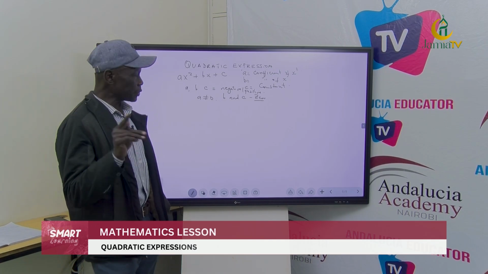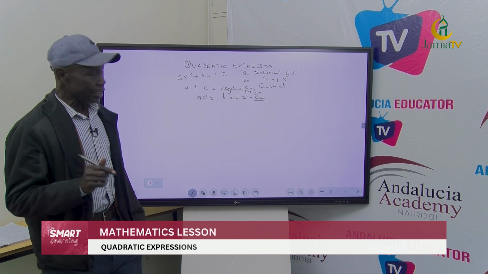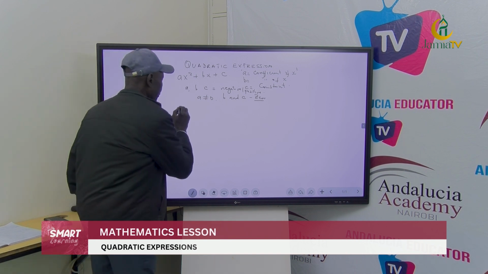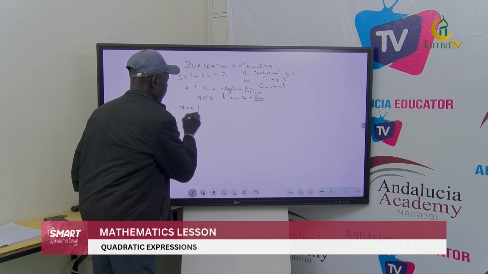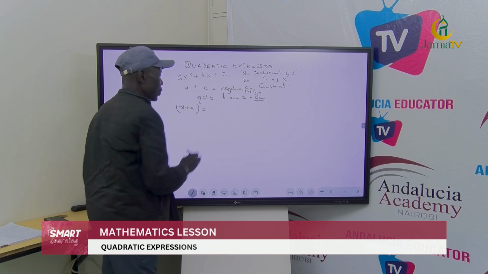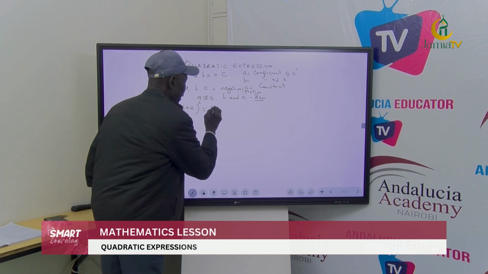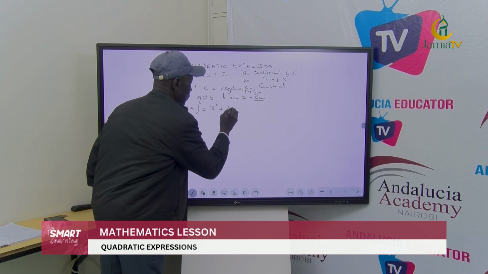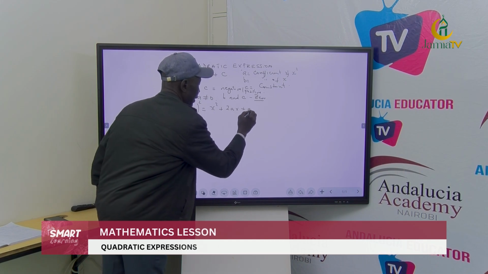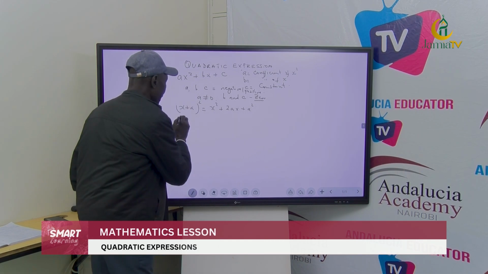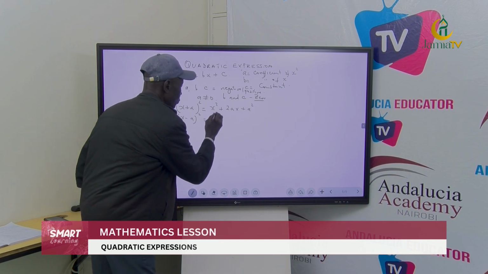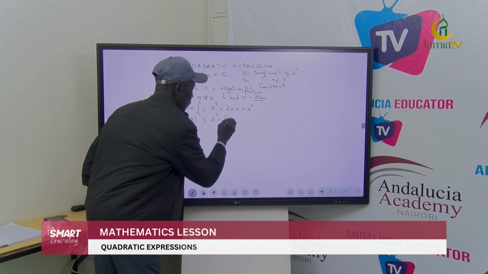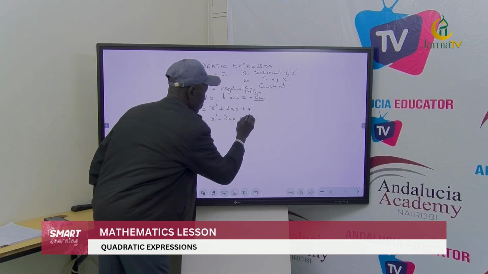And then we also said that in order for us to factorize quadratic expressions, there are a few things we need to do. First of all, we looked at the quadratic identities. We have x plus a squared. When we expand this, we get x squared plus 2ax plus a squared. And we also had x minus a squared becomes x squared minus 2ax plus a squared.